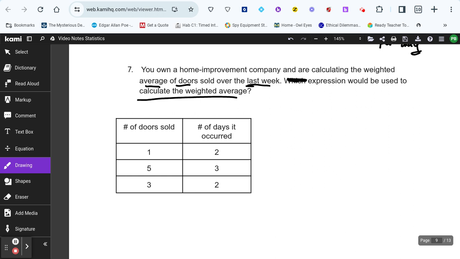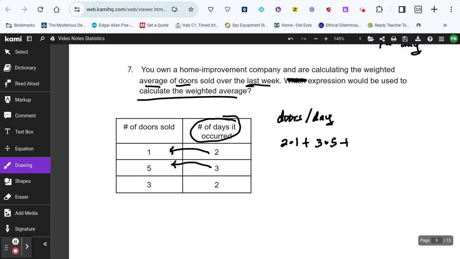So that would be in days. Doors sold per day. All right, so I know for 2 days, 1 door was sold, so that 1 is going to appear 2 times. For 3 days, 5 doors were sold. For 2 days, 3 doors were sold.